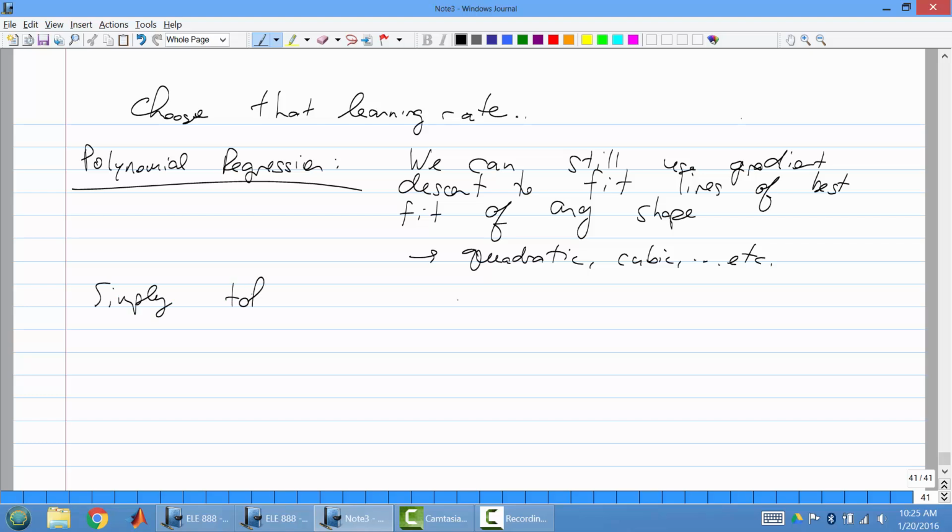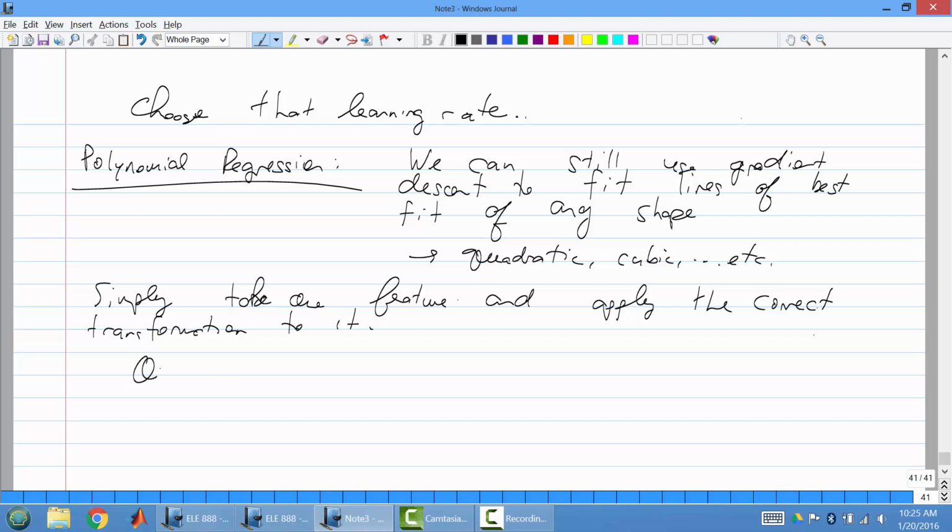So simply take one feature and apply the correct transformation to it. So usually a quadratic might look like this. So your prediction model may look like theta 0 plus theta 1 x plus theta 2 x squared, right?